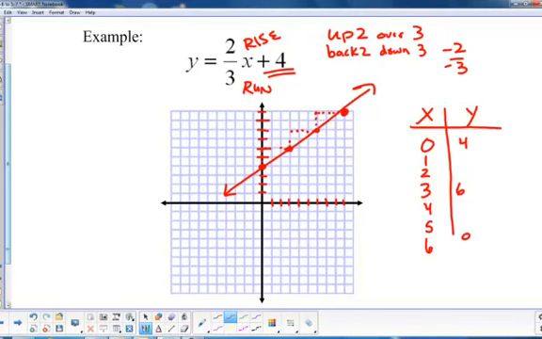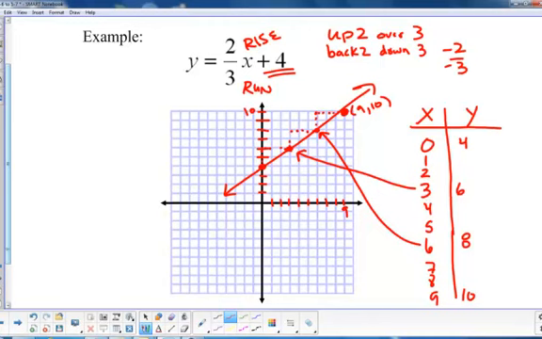So 6 gave us 8, and 9 gave us 10. So these points correlate with the main points that we plotted. The decimals are not plotted, and that's how you graph y equals mx plus b.